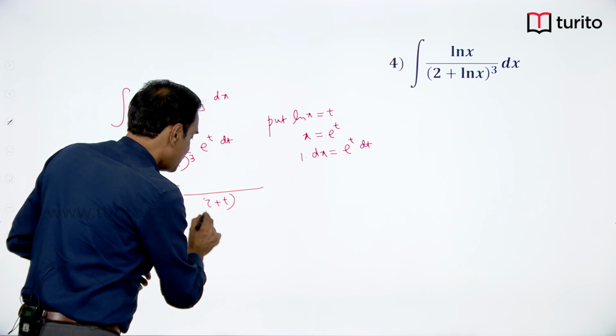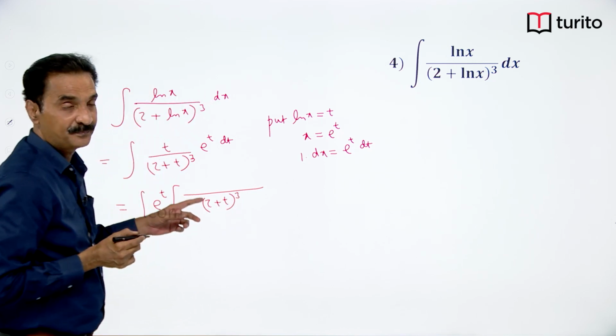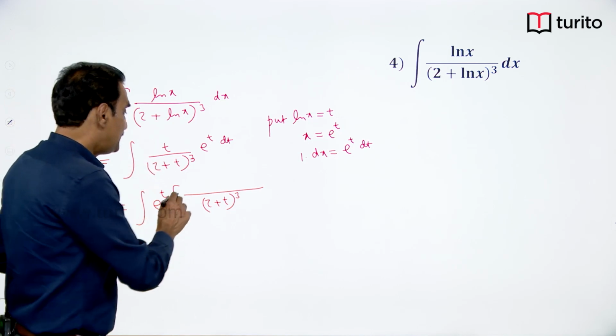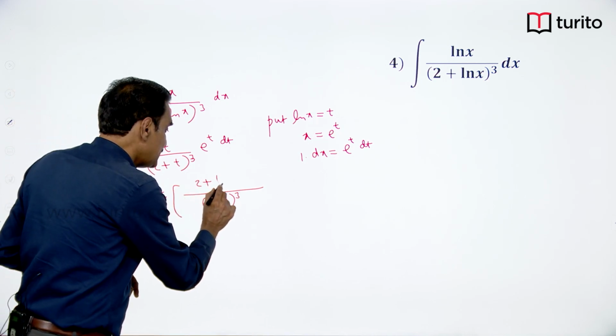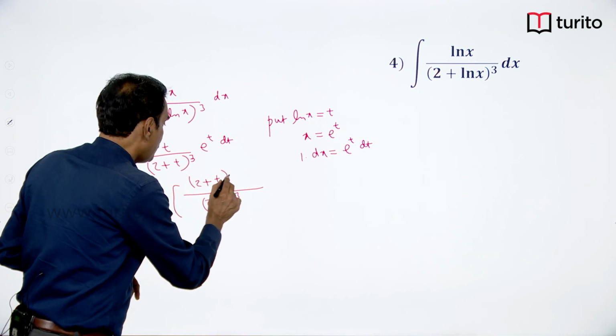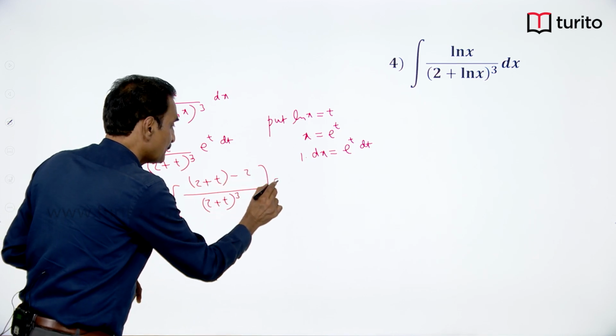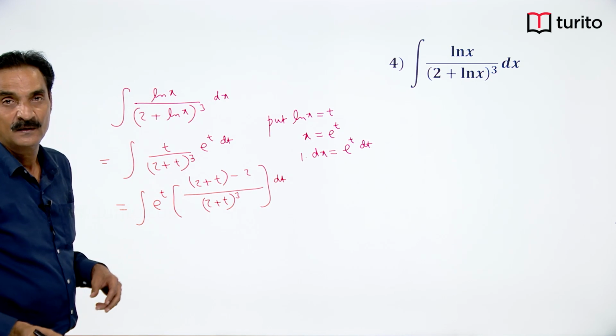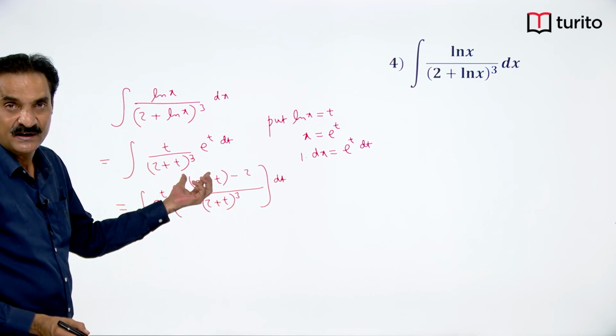Denominator is 2 plus t whole cube. In the numerator, write t as 2 plus t minus 2. Because of the denominator, we get this idea.